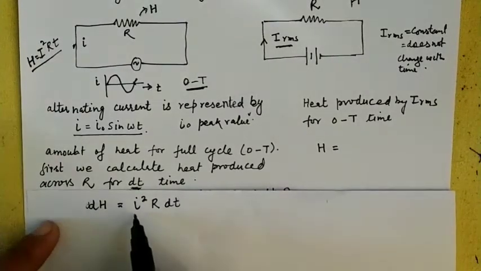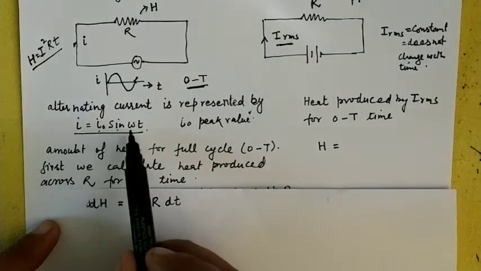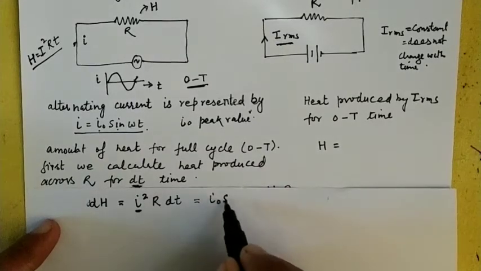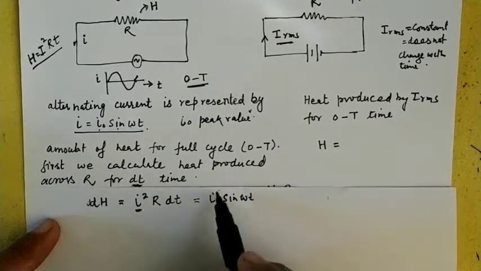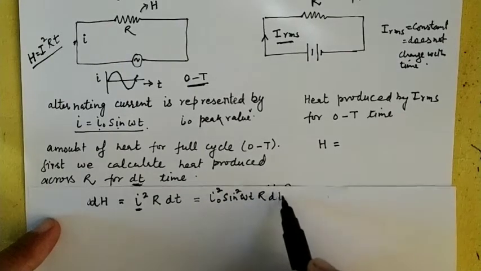We know the value of current I is equal to I naught sine omega t. So we put the value. What we get is I naught sine of omega t, and since it is squared, it is squared, R into dt.